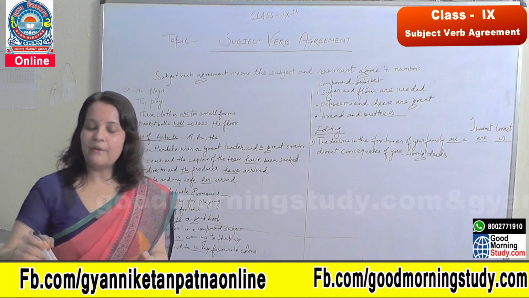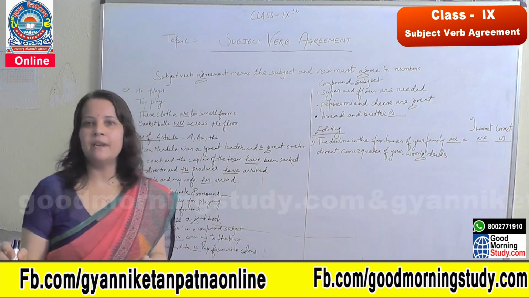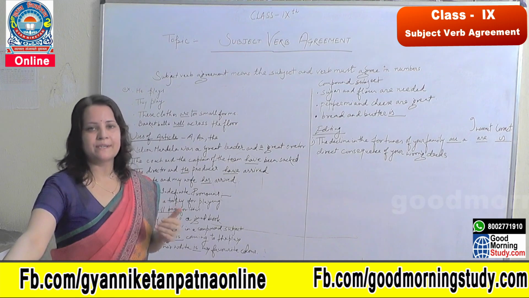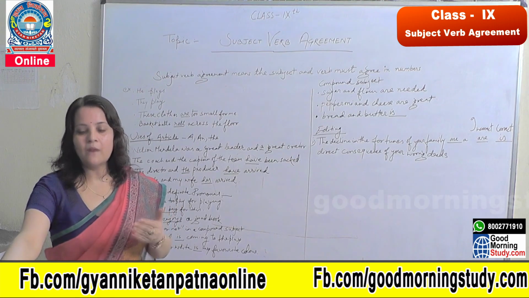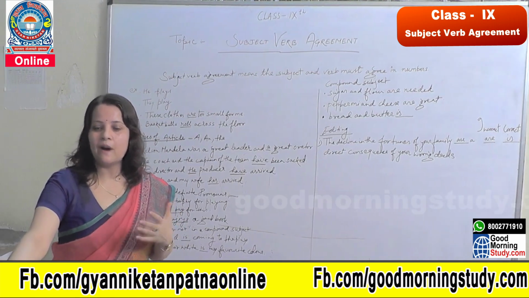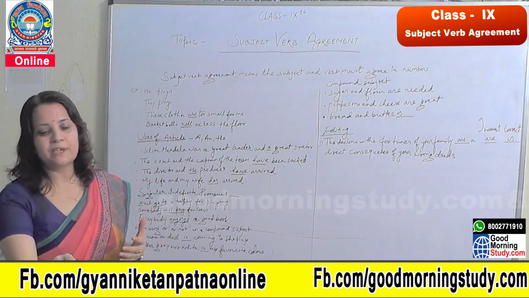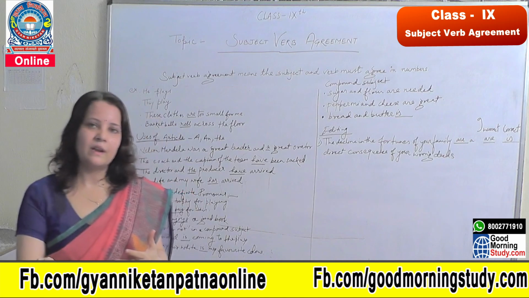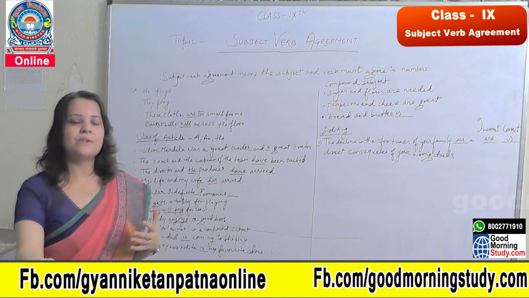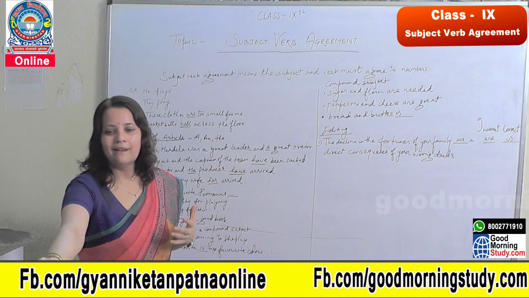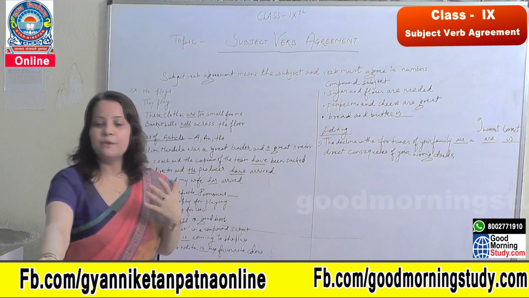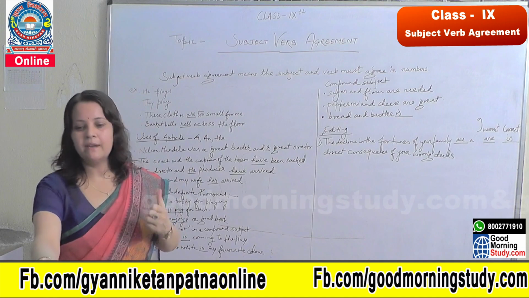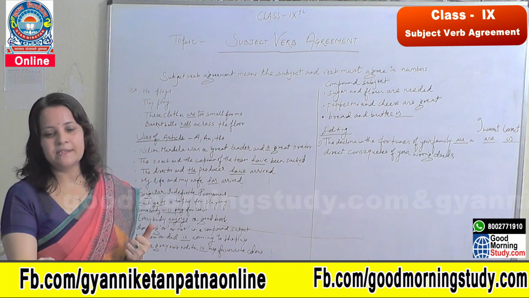So, the very first part to get a grip over language is to know tense. And after tense, the most important part I found is subject-verb agreement. While correcting papers or teaching, I have found many students make mistakes in framing sentences.